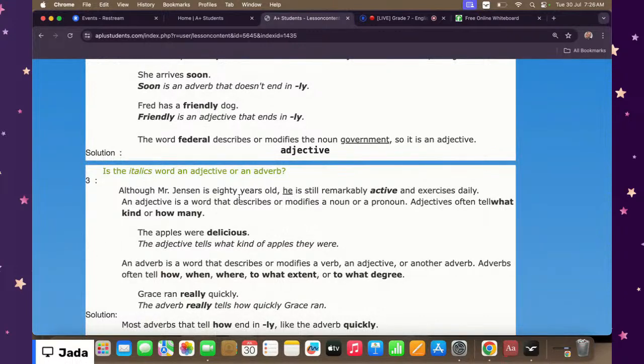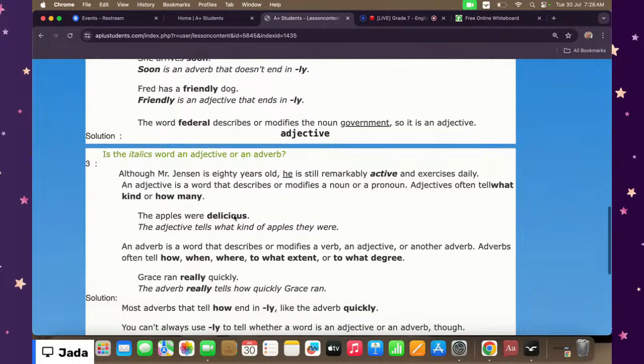Although Mr. Johnson is 80 years old, he's still remarkably active and exercises daily. An adjective is a word that describes or modifies a noun or pronoun. So you have to figure it out. The word active in the sentence, is it an adjective or an adverb?